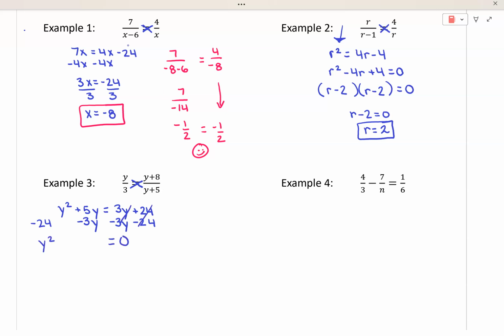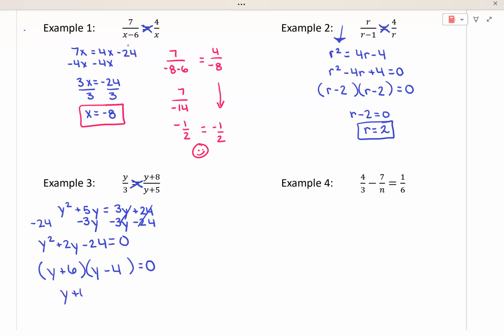So we have y squared. 5y minus 3y is a 2y. Minus our 24. So what times what gives us a 24 and then adds to give us a 2? Hopefully you said 6 and negative 4.